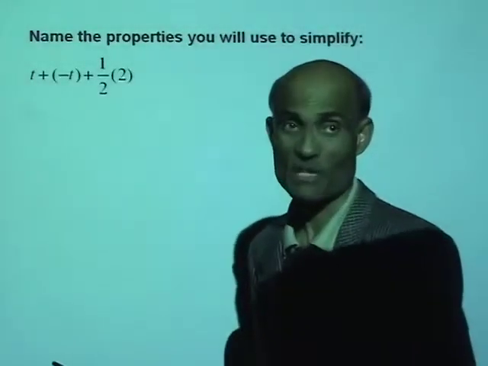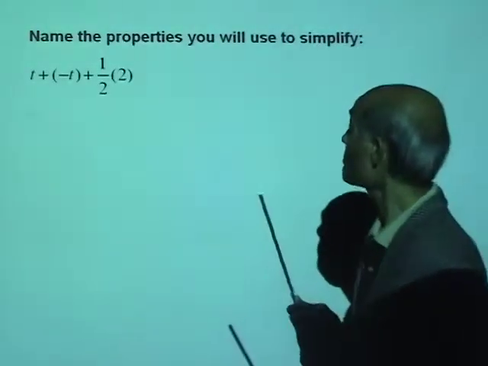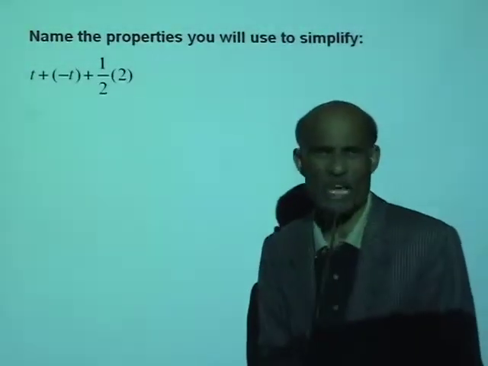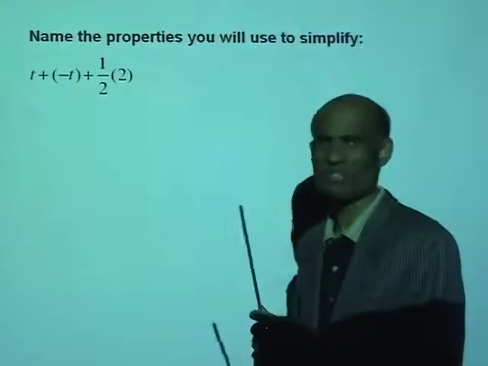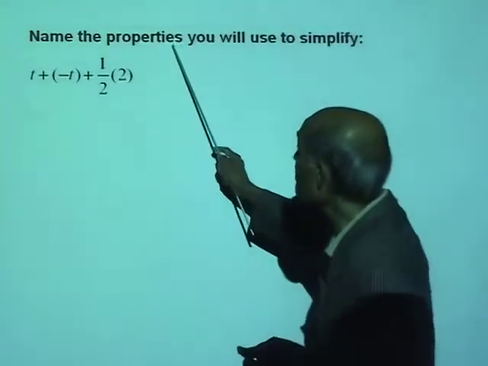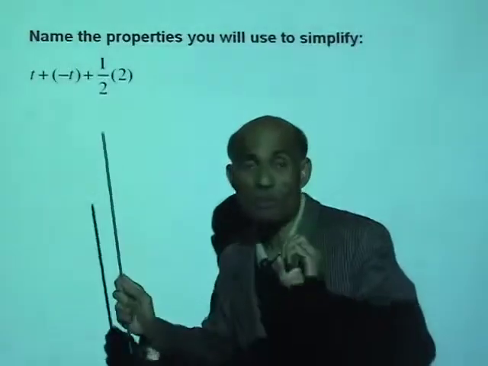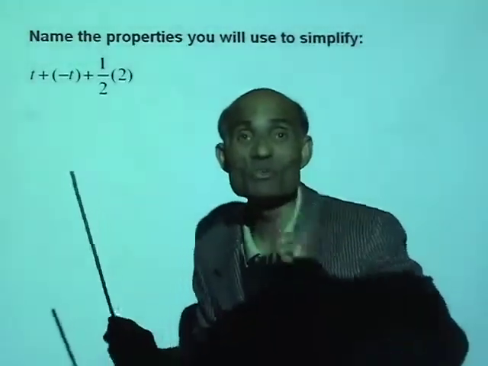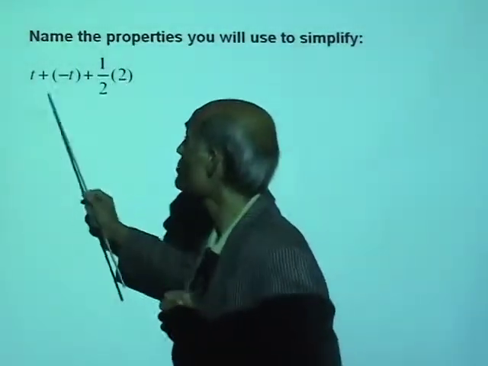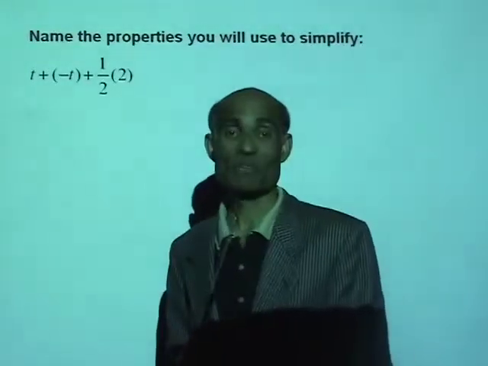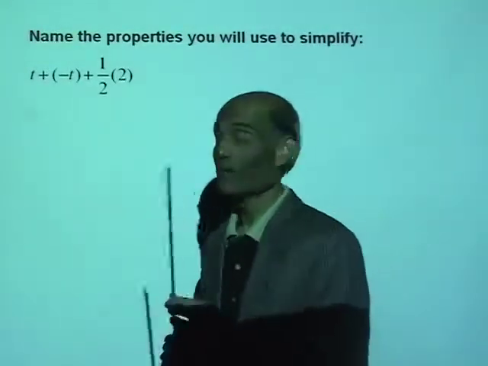Okay, another one. Name the properties. Looks like there are more than one property. Is that right? Name the properties used. Name the properties you will use to simplify this quantity. There are 2 properties in there. Alright?